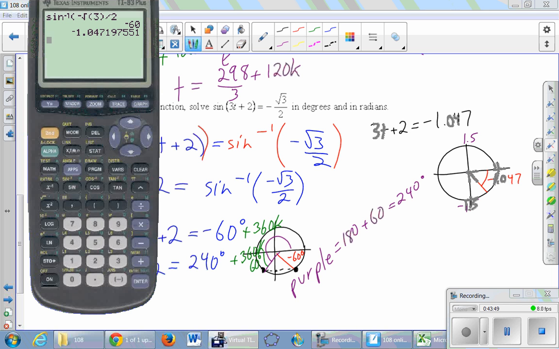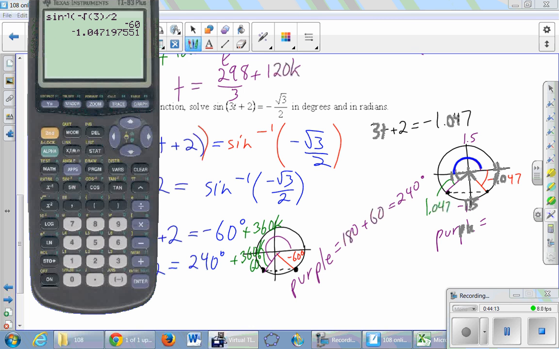And just like before, this is the important point. It's a sine problem, so we need the same y value. It happens here. We'll draw it in purple. In order to figure out the real purple angle, we need to figure out this green angle, but oh gosh, that's got to be 1.047 by the symmetry. And so that means that purple is half a revolution going to here, is pi plus the green angle 1.047.